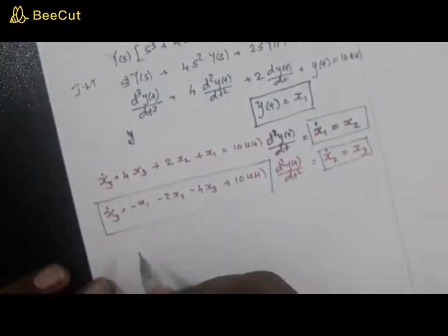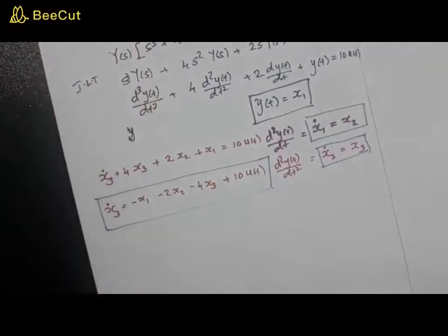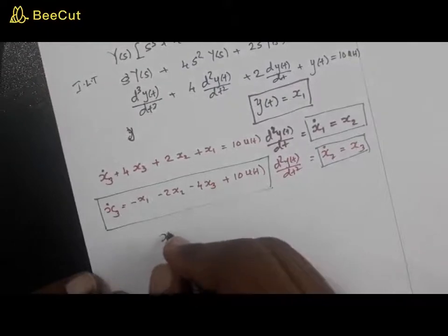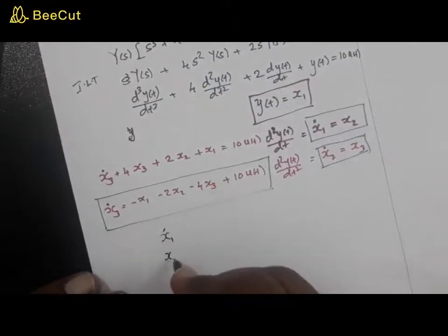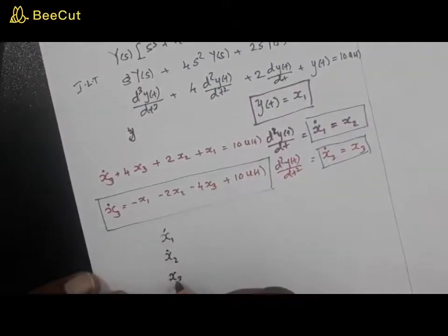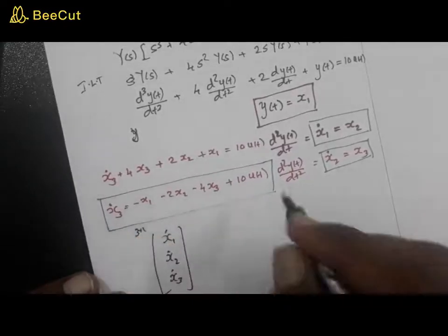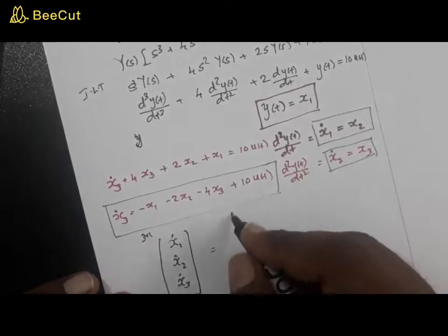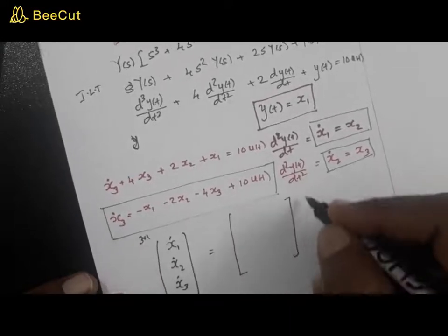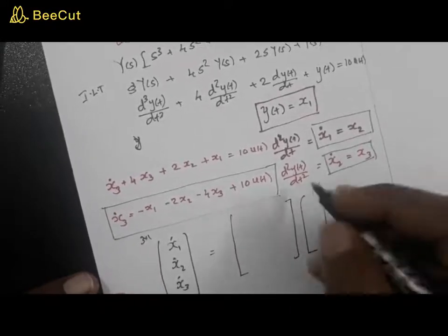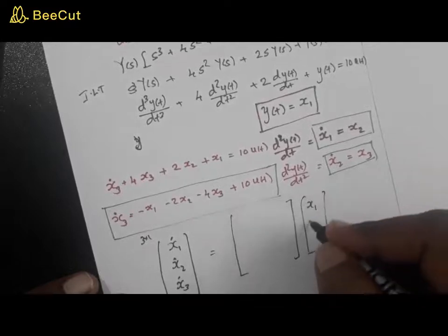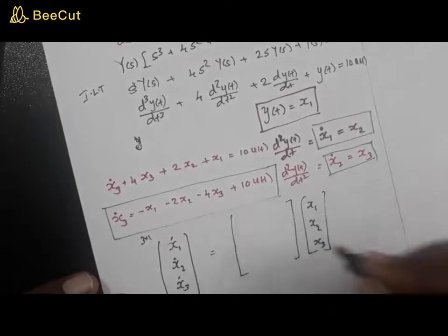And when you write the state equation, it will be like this: x1 dot, x2 dot, x3 dot. So that means it is a 3 into 1 matrix. This is equal to a column matrix again of 3 into 1, x1, x2 and x3.